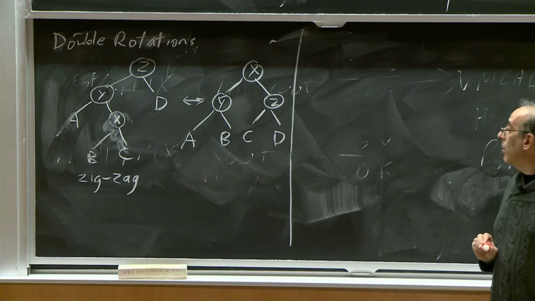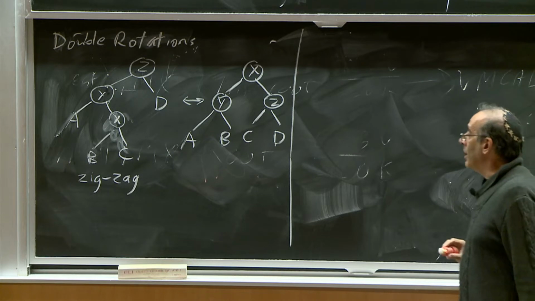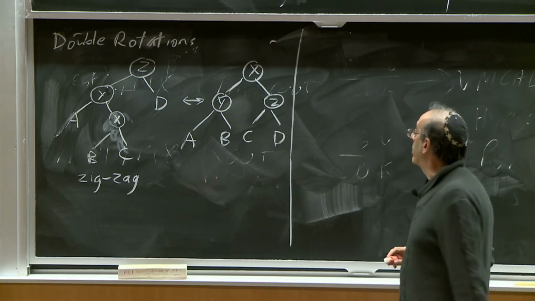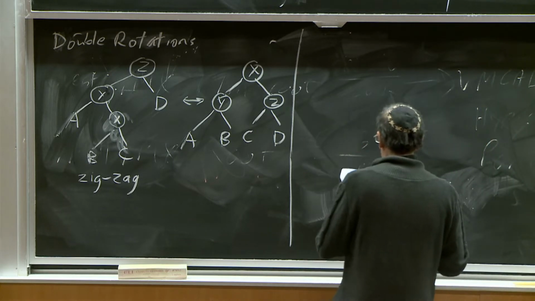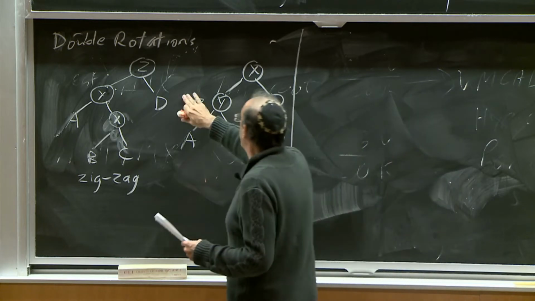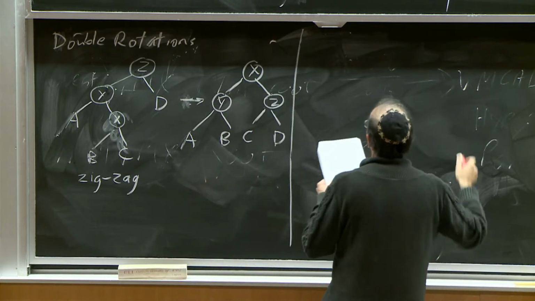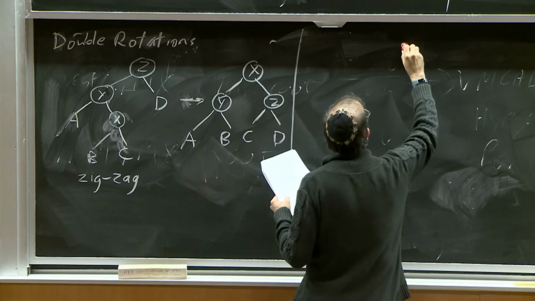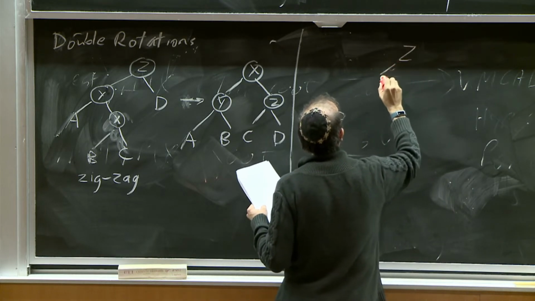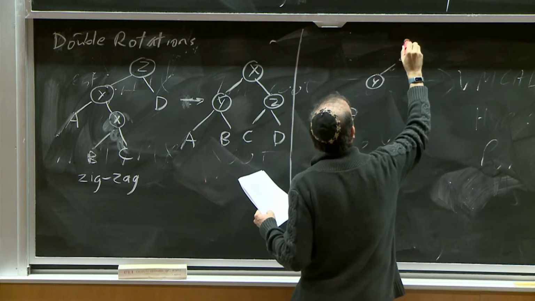So if this were the only story, then we wouldn't need to talk about double rotations. But this is one way. What can happen in another situation is if the path has 2 steps in the same direction.